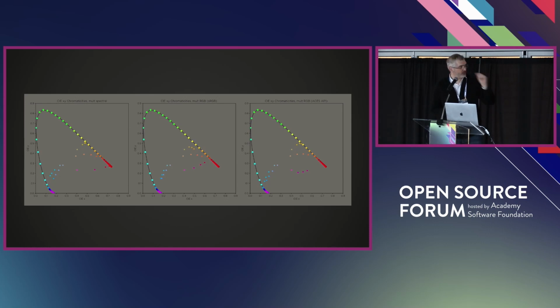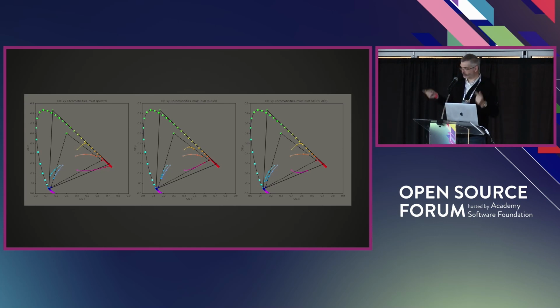But because tracking what these points do is complicated, I've used lines to merge them. And then to make it a little bit more obvious what's going on, I've also added two triangles. The dashed one is the sRGB gamut, where the primaries of an sRGB display would be in this diagram, and the bigger solid line gamut is for ACEScg.